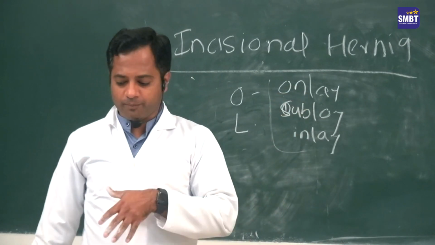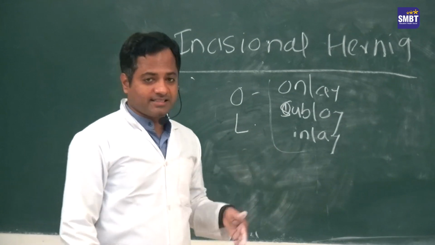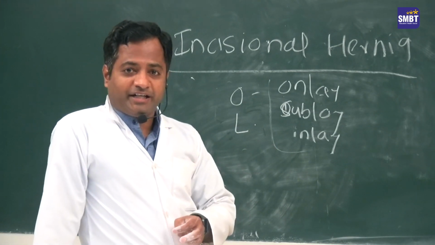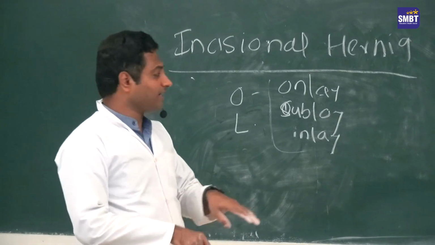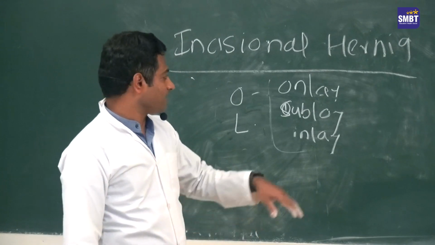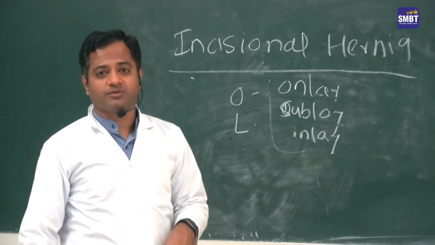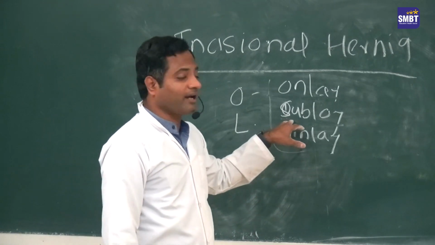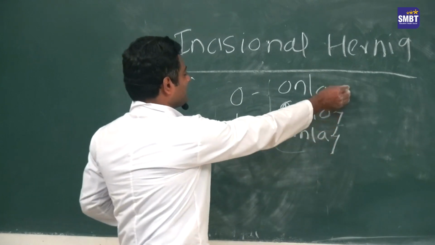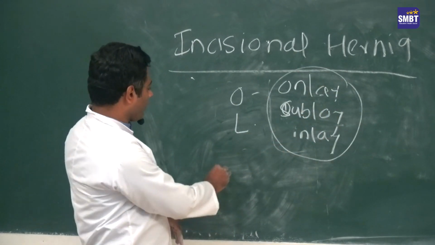Only mesh repair. After taking a skin incision, identify the hernia sac, identify the hernia defect, then close the defect and put a mesh on the external oblique aponeurosis or anterior rectus sheath, that is onlay. Sublay repair is behind the rectus abdominis muscles and on the posterior rectus sheath, and inlay is into the peritoneum.